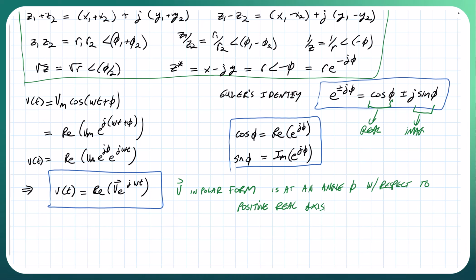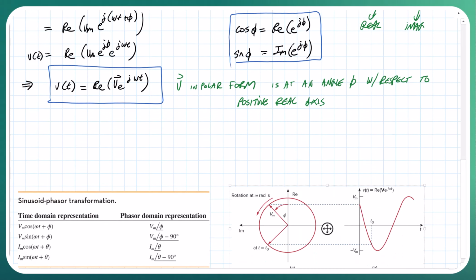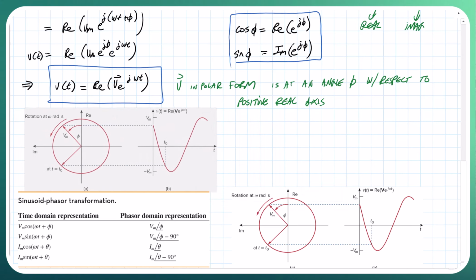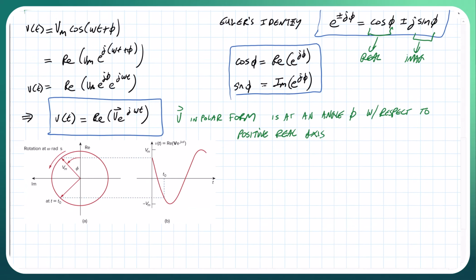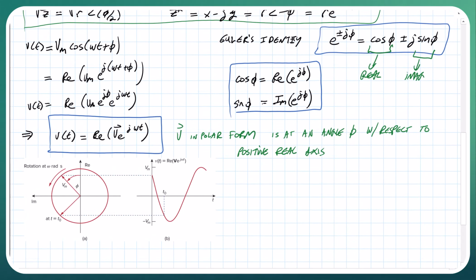Here we can further define our phasor. If we look at this figure, v of t is the real component of the vector in polar form times e to the j omega t.